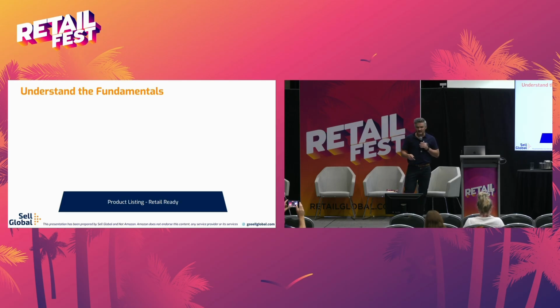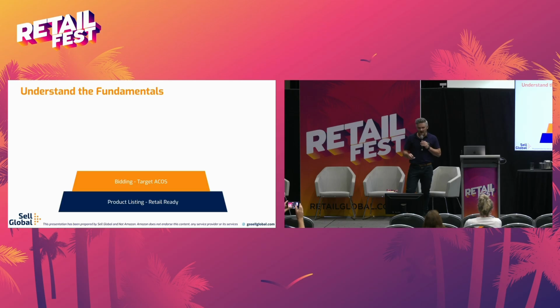So the first base section of what the fundamentals are is your product listing, or what we call retail readiness. And you'll notice that this is not an advertising metric, and that's by design. Everything starts with your product and the quality of your product. Your inventory, your pricing's correct, you've got good reviews, good ratings, all that kind of stuff. And so that's the base of your fundamentals.